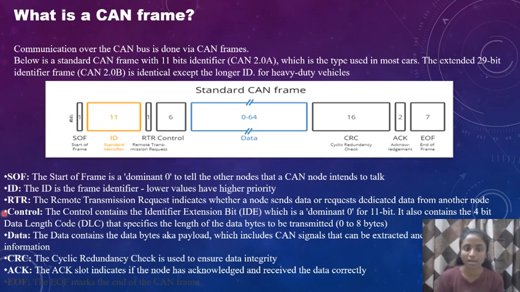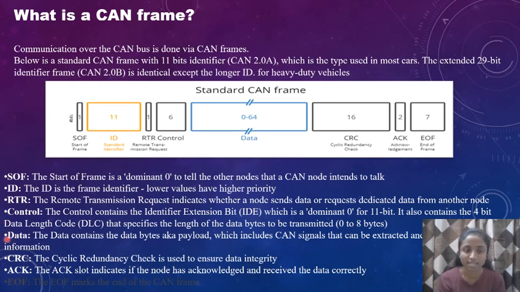The next one is the control. The control contains the identifier extension bit, which is the dominant 0 for 11-bit. It also contains the 4-bit data length code, that is DLC, that specifies the length of the data bytes to be transmitted from 0 to 8 bytes.